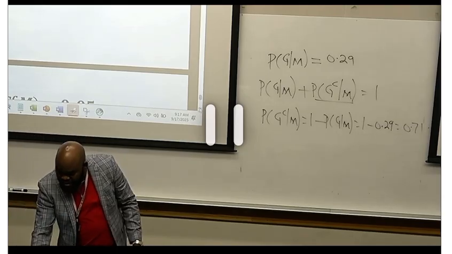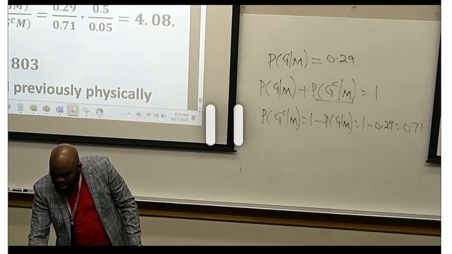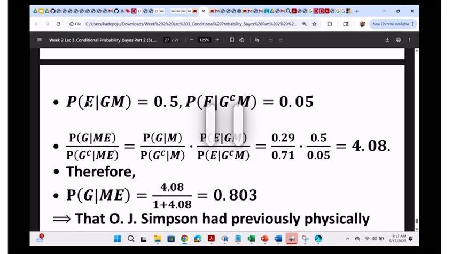Now, the next thing that I want to get is the probability of evidence given two events taking place. The probability of E, given two events taking place. What are the two events I'm talking about? Somebody is guilty and somebody has been murdered. And that was given to be 0.5.